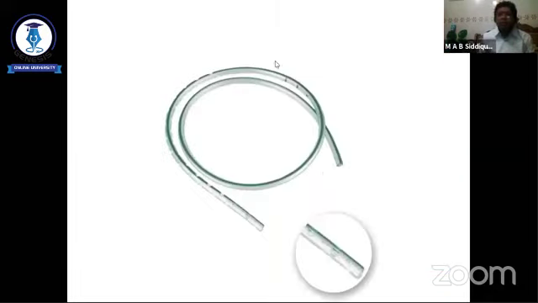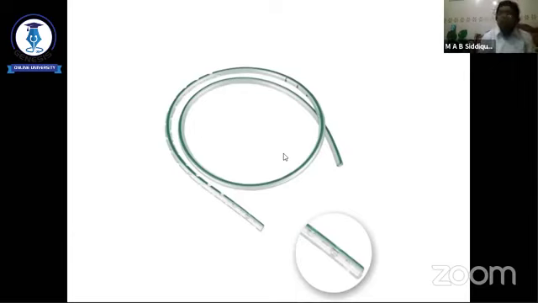This is another appliance we use in surgical practice. The common one is also another common appliance. The difference between the feeding tube and this tube is that there are so many pores within the tube, and the pores are smaller than in the feeding tube. This is actually the drain tube, one of the common tubes used in surgical practice.